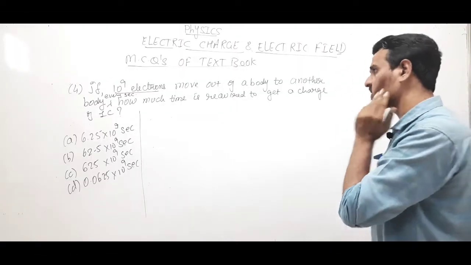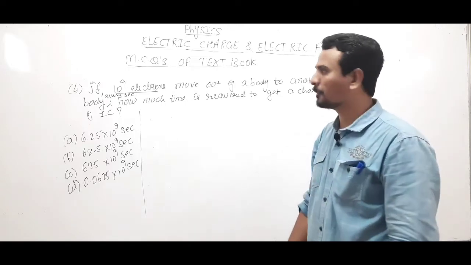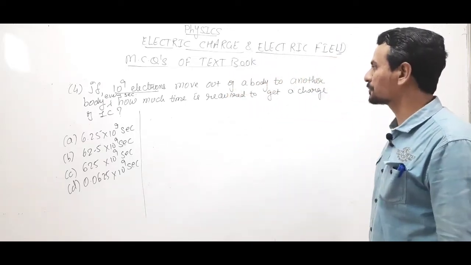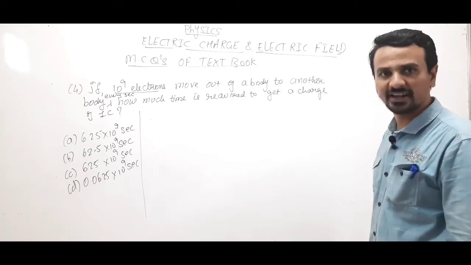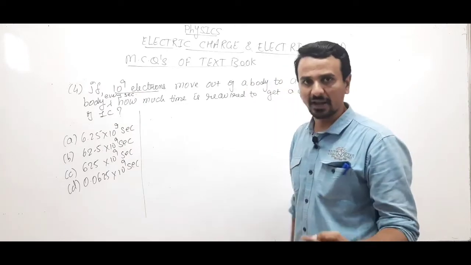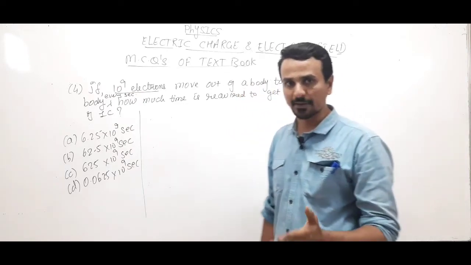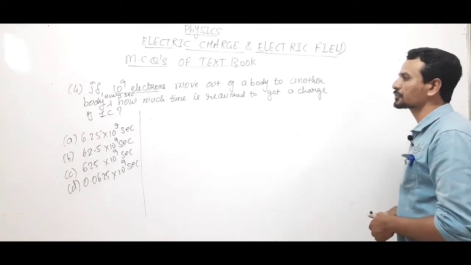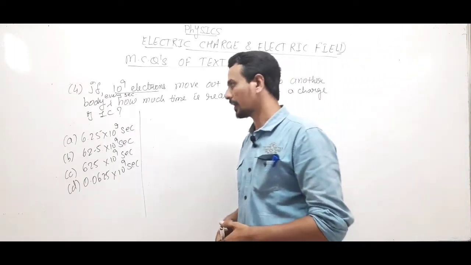Fine. The next one. This is the second example of your textbook. See what the question says. If 10 raised to 9 electrons move out of a body to another body every second, so in 1 second, 10 raised to 9 electrons are moving from one body to another body, how much time is required to get a charge of 1 coulomb on another body?